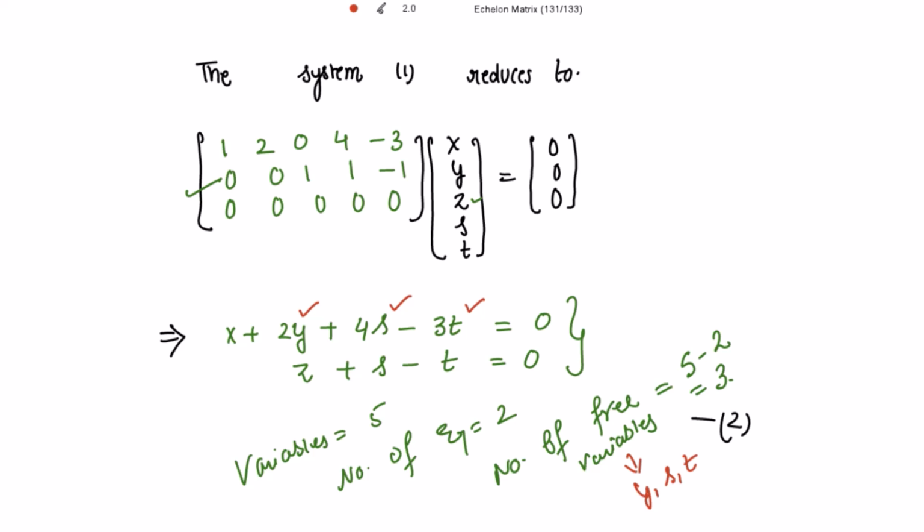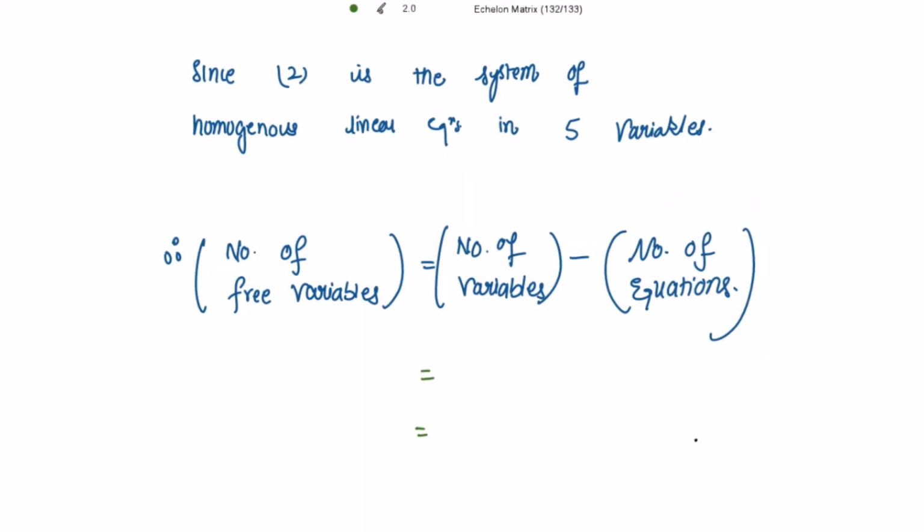And now we have to give some values to these variables, and then using these two equations, we get the values of x and z. Please mark this as 2. So since 2 is a system of homogeneous linear equations in 5 variables, the number of free variables is equal to the number of variables minus the number of equations.